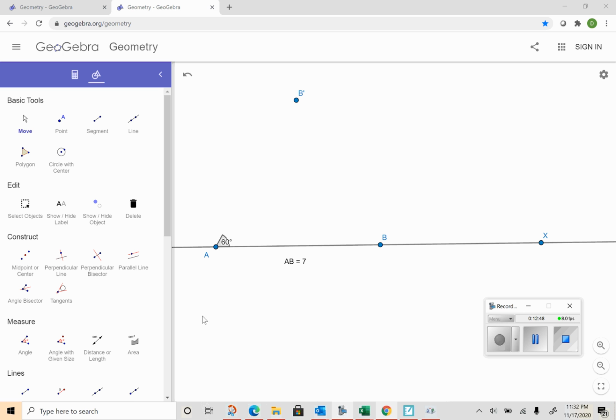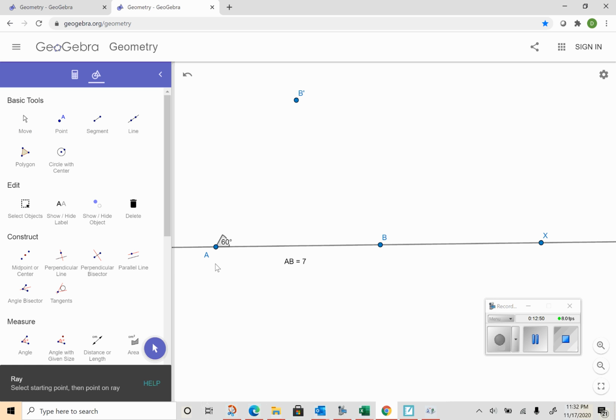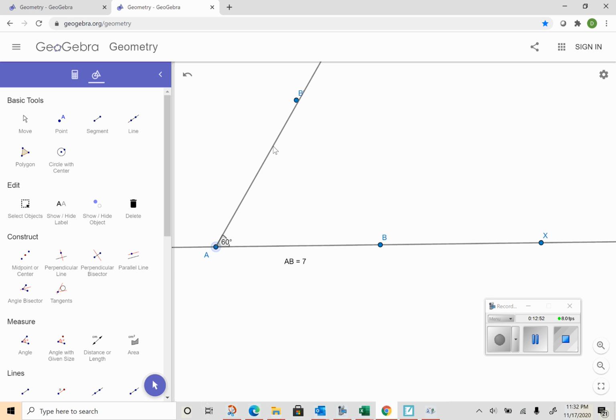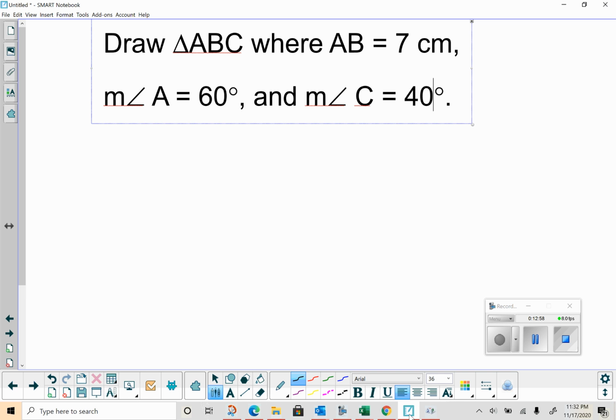So again, put in a nice ray. Don't know how far out to go here. So there's my 60-degree angle, and then the measure of angle C is 40 degrees.